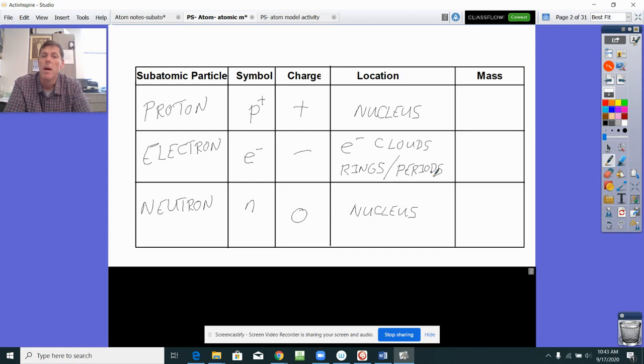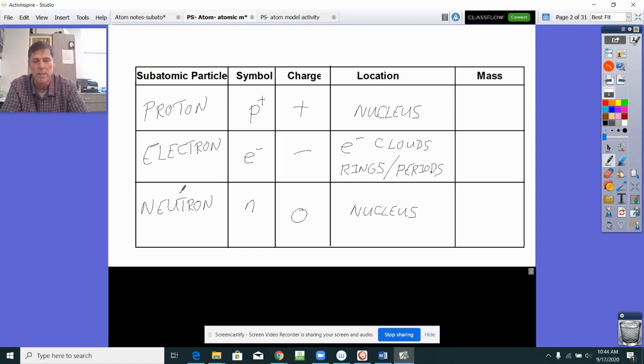Now, because these things make up atoms, and atoms are the foundation of all matter, well, matter has mass. That means atoms have mass. That means the things that make up the atoms have to have mass too.